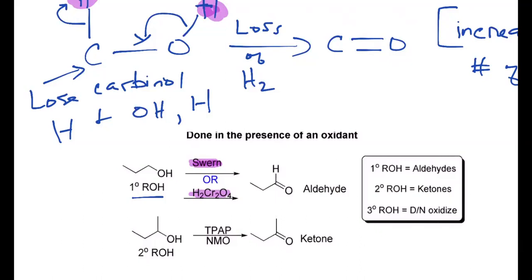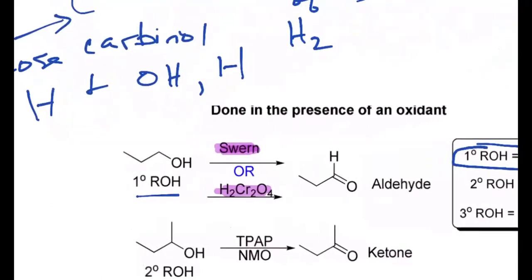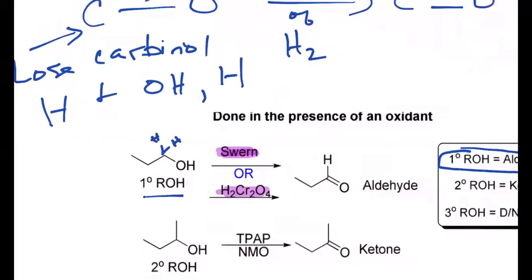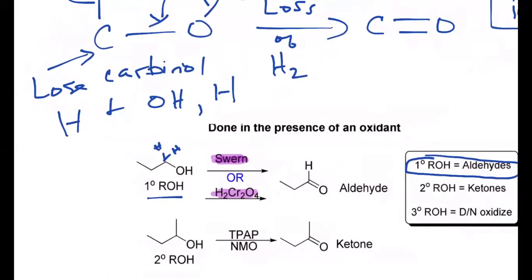So you can see right here where it says primary alcohols are going to form aldehydes in the product. Because remember, if it's primary, you got two hydrogens right here. All right? So you got two hydrogens there. So primary alcohol is going to give you an aldehyde.